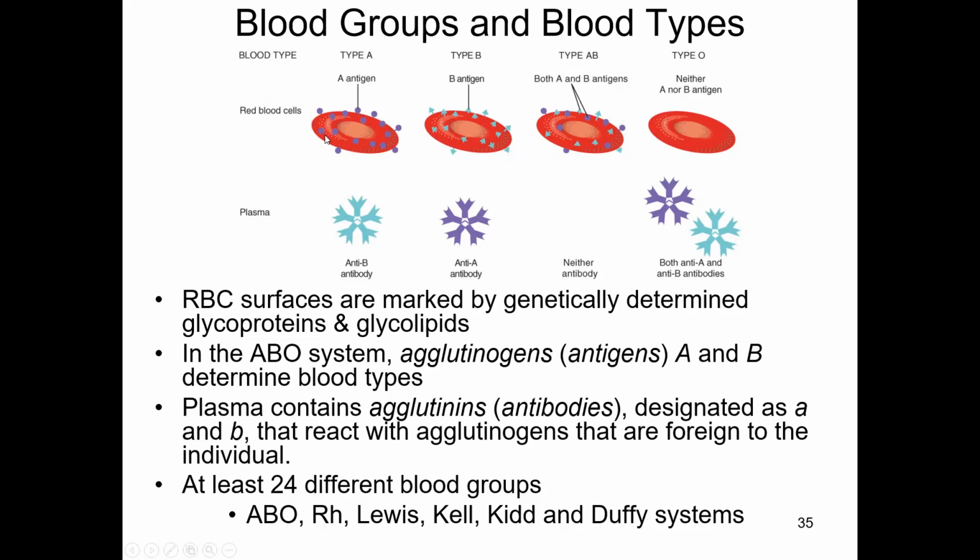Let's take a look at the fate of the donated red blood cells. When this red blood cell enters the type B individual's bloodstream, the anti-A antibodies immediately recognize the A antigens, they will stick, and this red blood cell will be destroyed by the recipient's immune system.